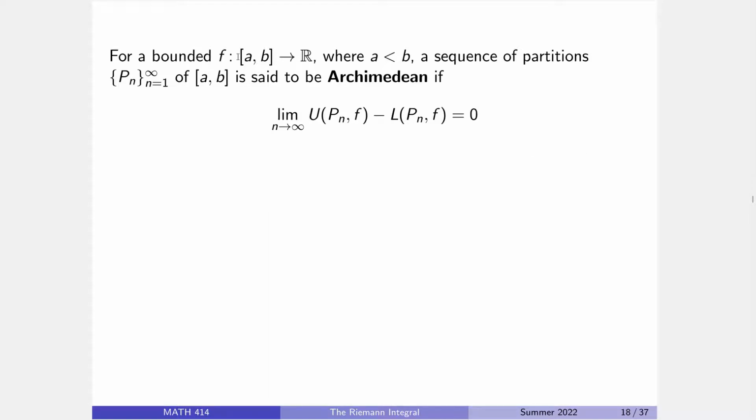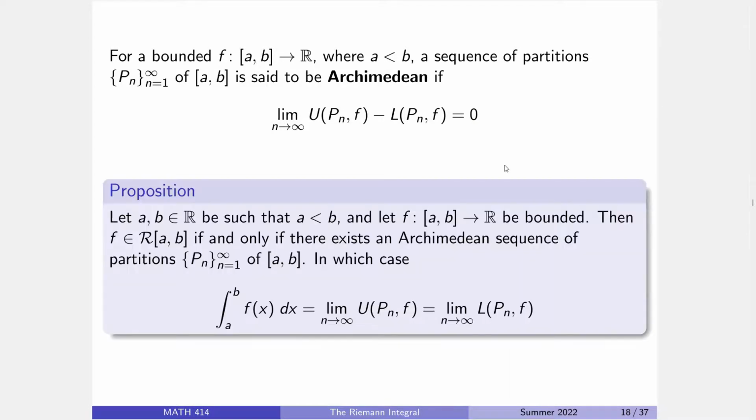Okay, so given a bounded function on a non-degenerate interval, a collection of partitions is said to be Archimedean if you look at this difference and it goes to 0. And if you look at that and go, well, based on the previous proposition, this seems to indicate that the Riemann integral exists precisely when there's an Archimedean sequence of partitions. And note, a sequence.